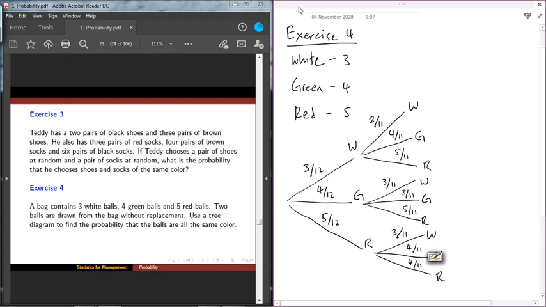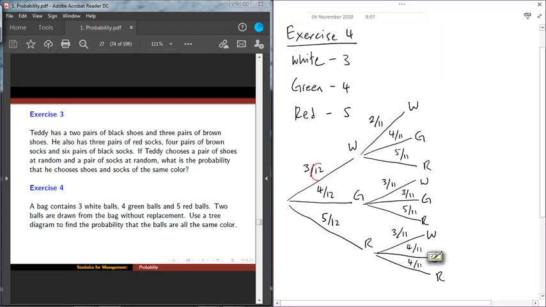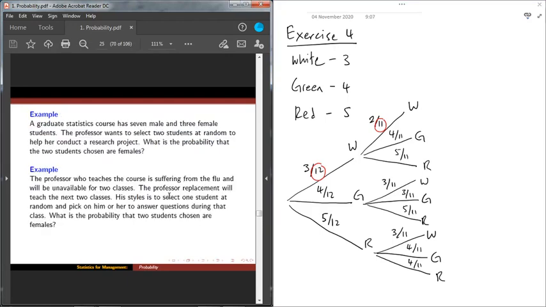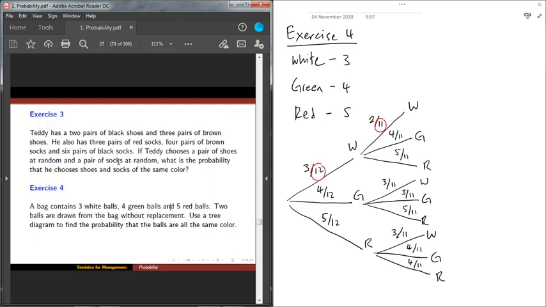If you notice, the total is reduced: here 12, here 11. This exercise is almost similar to the professor example, remember, where he chose immediately without asking the student to sit back in the group.